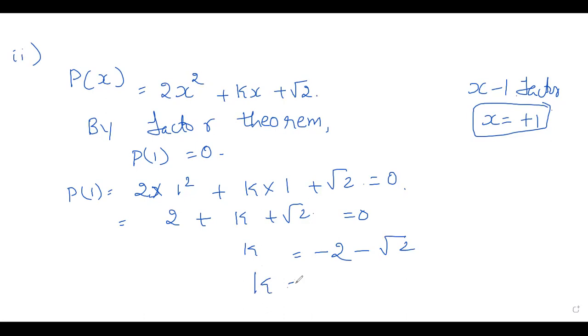So k is equal to minus, I will take minus as common factor, that is 2 plus root 2. When we take minus common, what happens? Here 2 remains, minus becomes plus, that is root 2. So the value of k is minus 2 plus root 2.